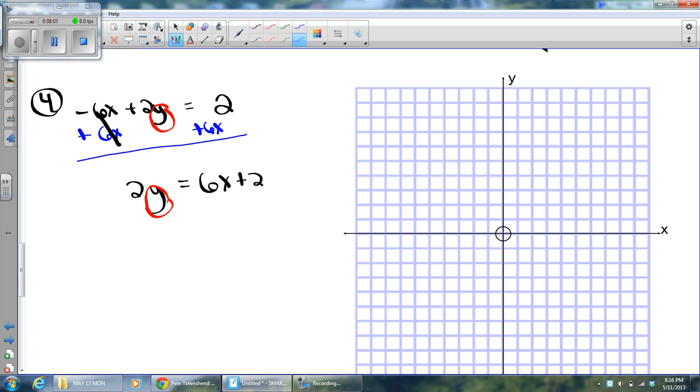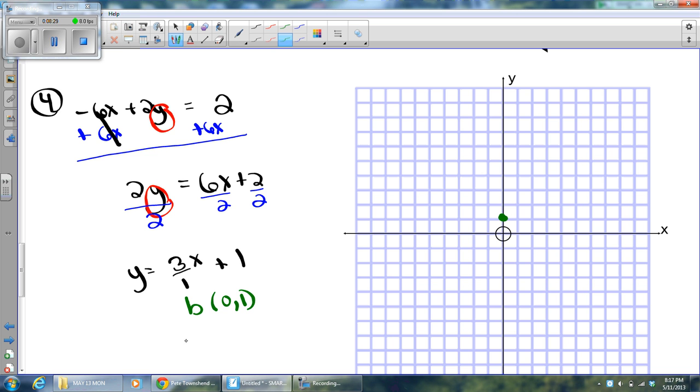Okay. And I'm going to divide by 2, divide by 2, and divide by 2. My new equation becomes y equals 6/2 is 3, but I like my slope to be a fraction, so I'm going to write it as 3/1. 2 divided by 2 is 1. So my y-intercept is 0, 1.